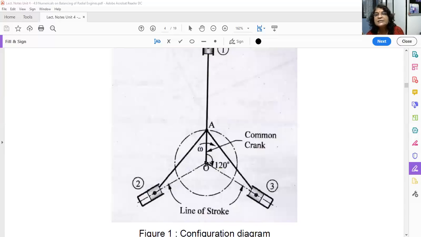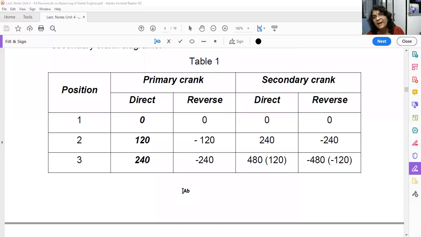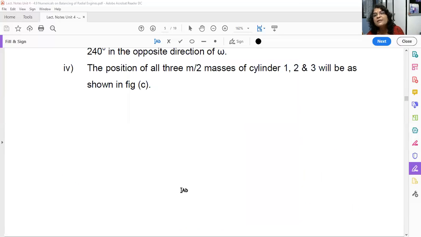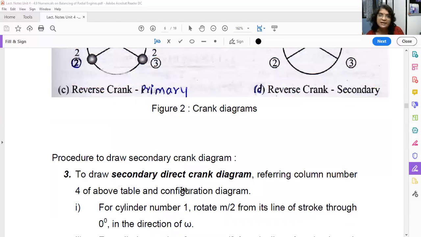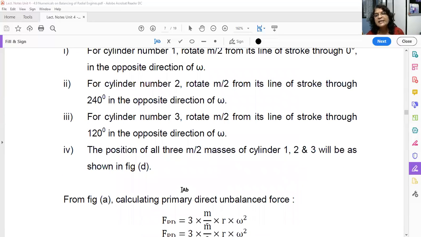All 3 cylinders are in one plane, making a radial angle of 120 degrees with each other. So if your forces are balanced, your couples will automatically be balanced. So there is no need to check the couple balancing in a radial engine. Understood? So there exists only balancing of the forces, that is primary force and secondary force. Understood? Now let us go to the second problem.